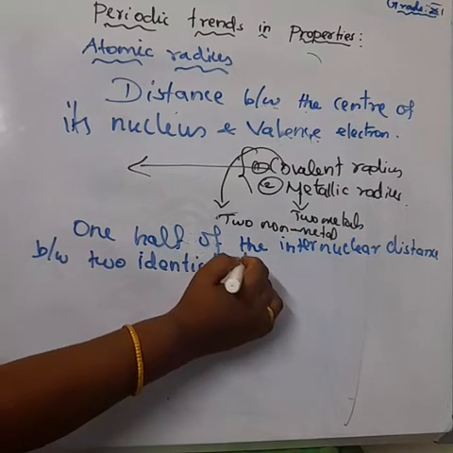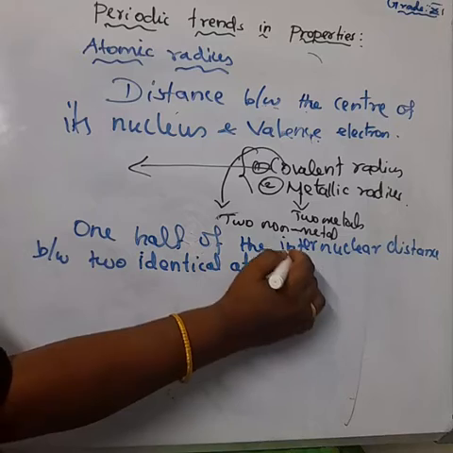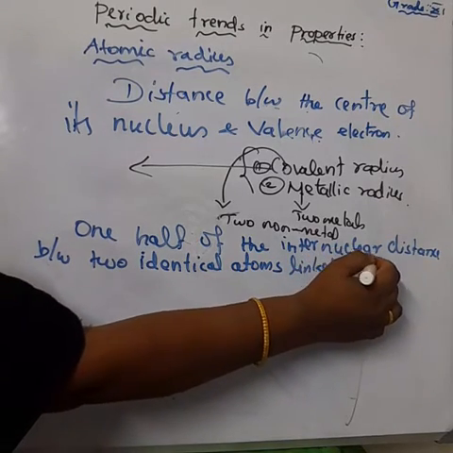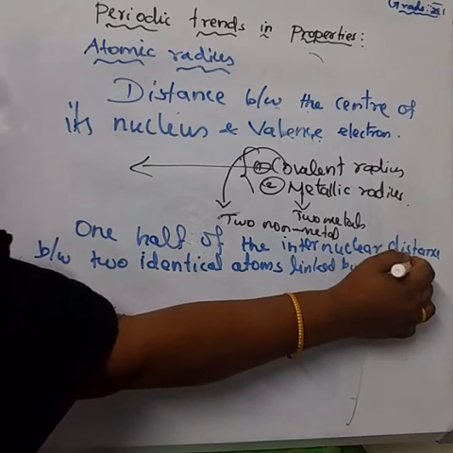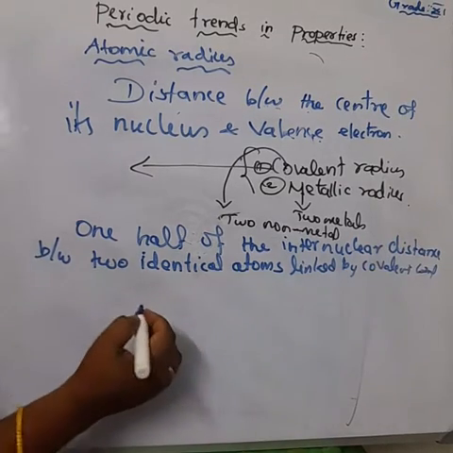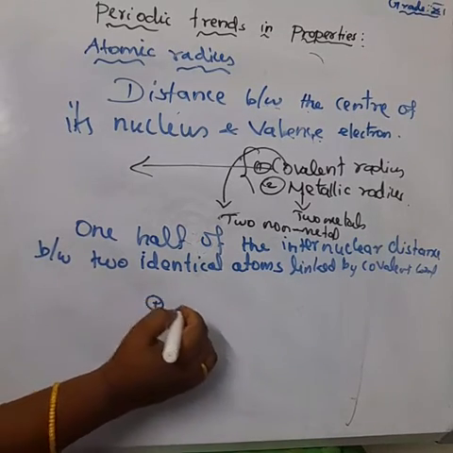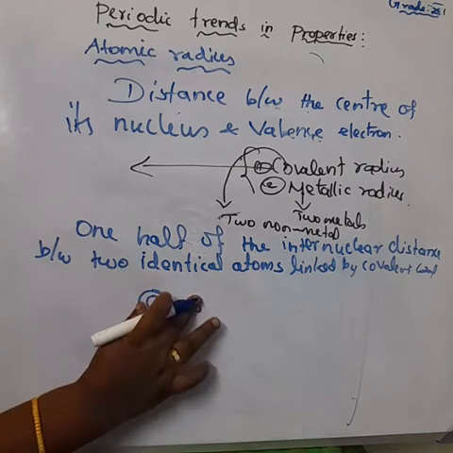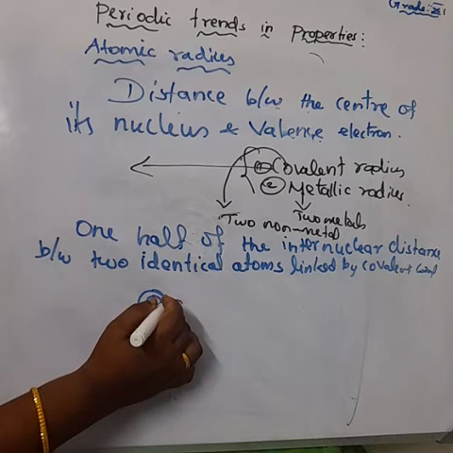Here we are taking two covalently bonded atoms, for example, chlorine and chlorine. Chlorine is a non-metal, so a covalent bond is formed between two non-metals only.